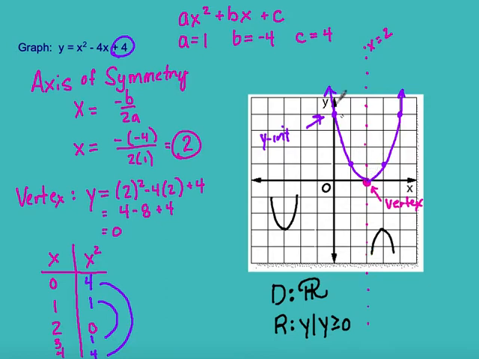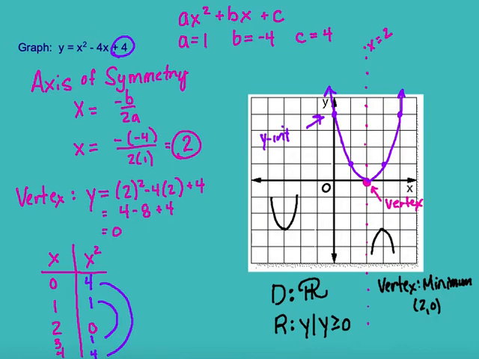Since our vertex is the lowest point on the graph, we're going to say that our vertex is a minimum, and that the minimum value here is at (2, 0). That's the smallest point on the graph. They all continue to get bigger from there. So that's all of our information for our parabola.